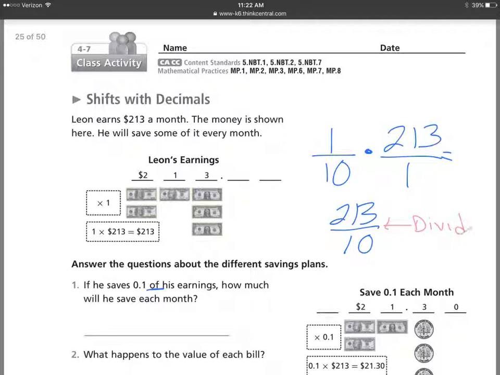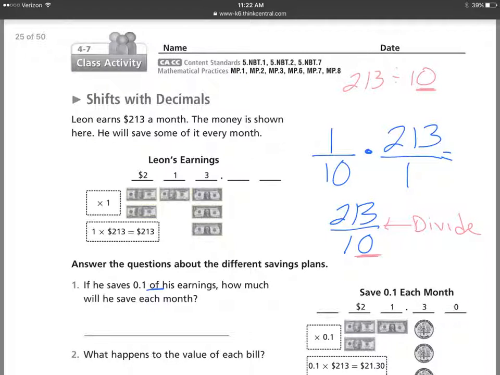So really what we end up here with is 213 divided by 10. And we've already learned that when we divide by powers of 10, all we need to do is simply move the decimal however many zeros we see. So if we're taking 213 and dividing by 10, we see that we have 1 zero.